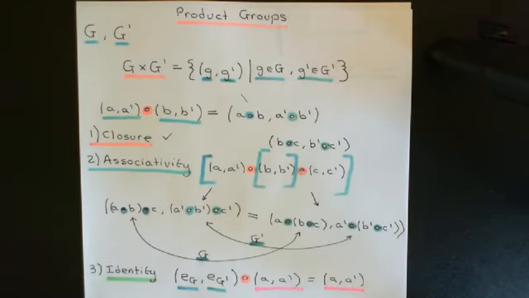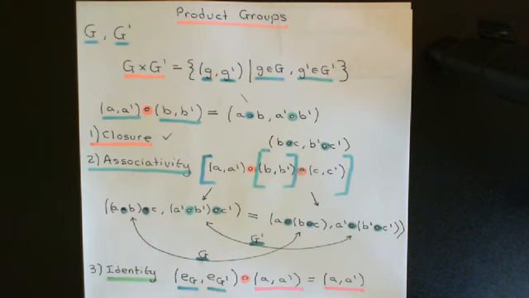So the first thing that you do is construct this set containing all combinations of one element from the first group, capital G, and another element from the second group, capital G prime. That's the set that is going to form our product group G cross G prime.